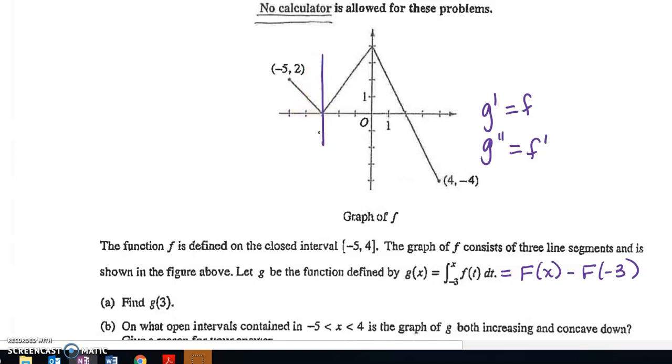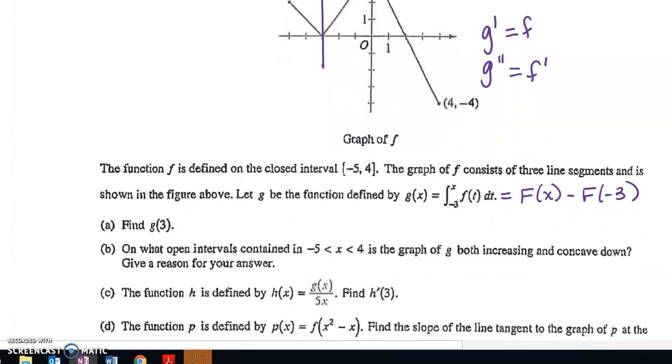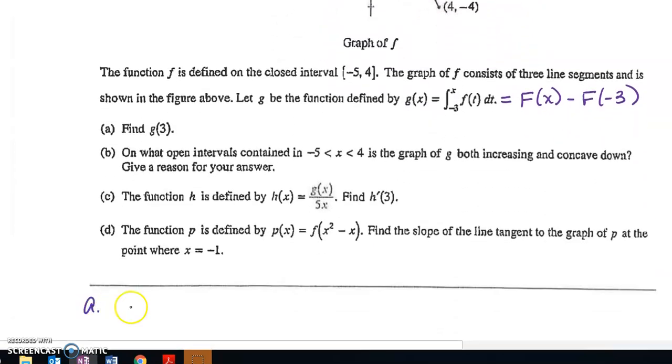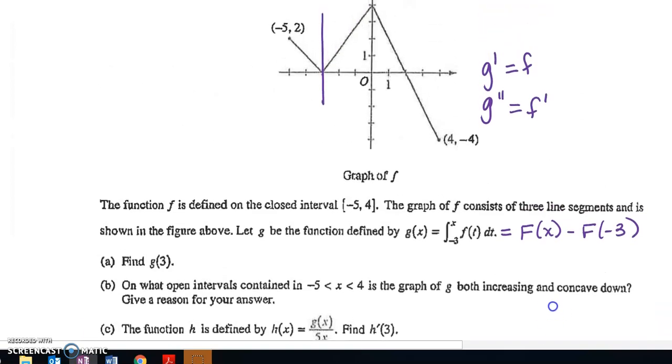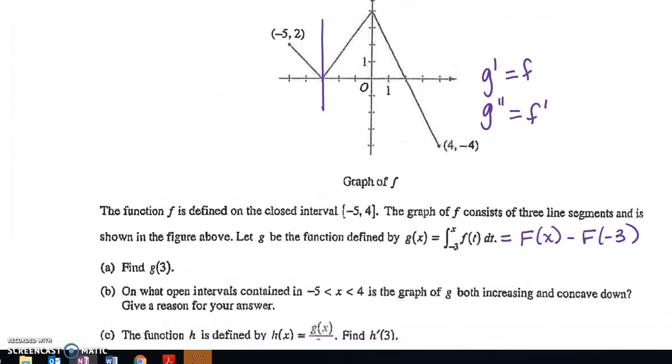Part A says find g of 3. So g of 3 is the integral from -3 to 3 of f of t dt. And looking back up here, that just represents the net area from -3 all the way to 3.